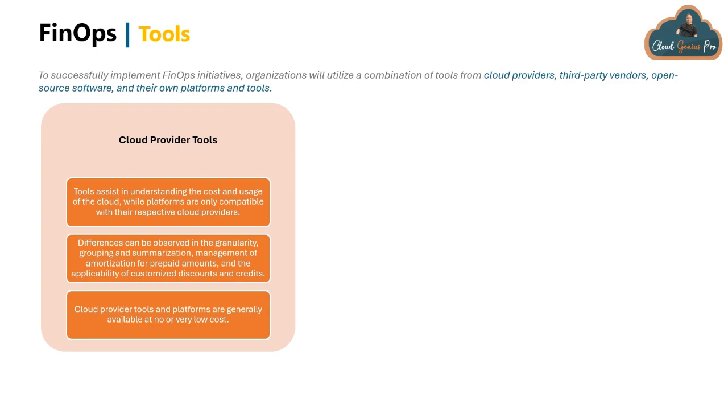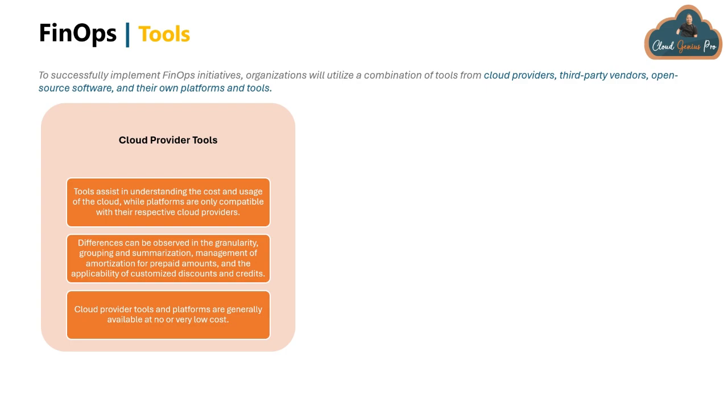First we will discuss the cloud provider tools. Each of the methods has its own pros and cons. When any organization adopts the cloud provider tools, the biggest advantage is the cost. These cloud provider tools are available either at very low cost or at no cost.